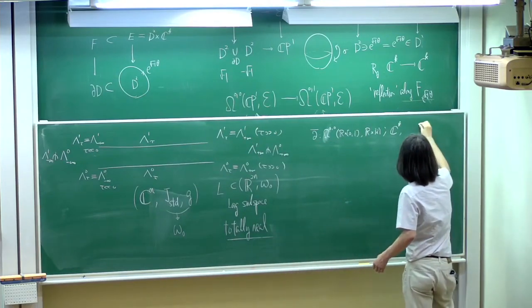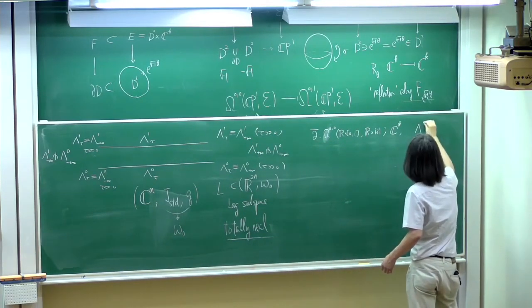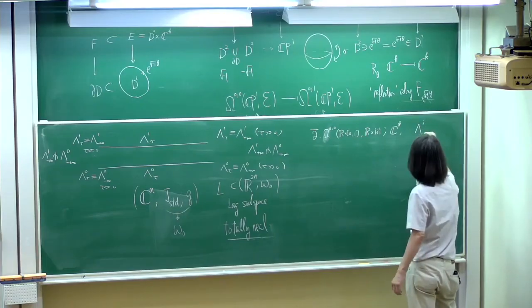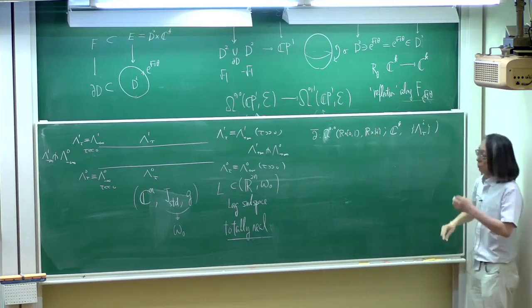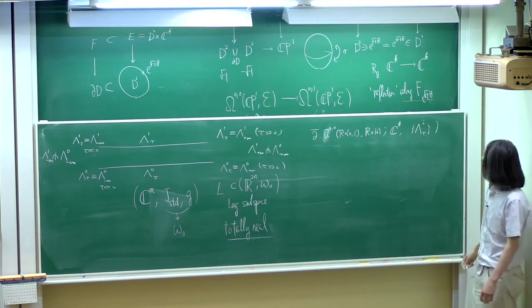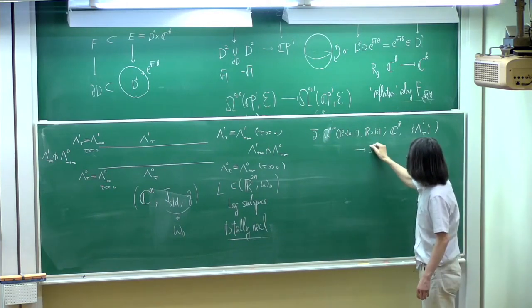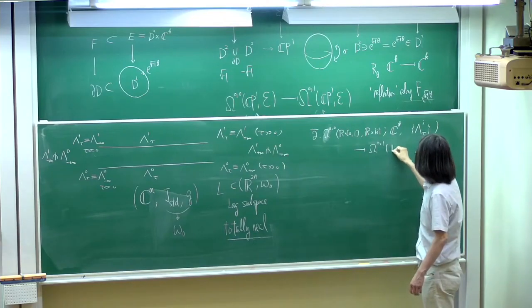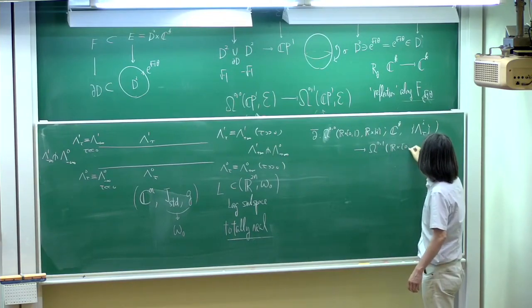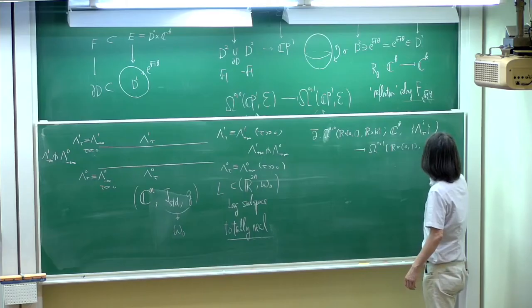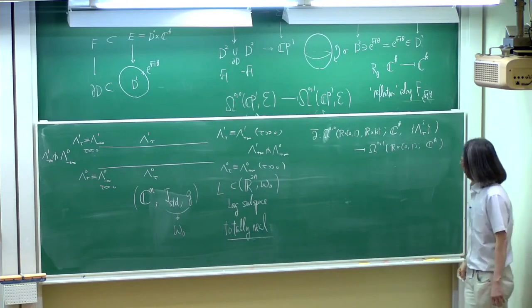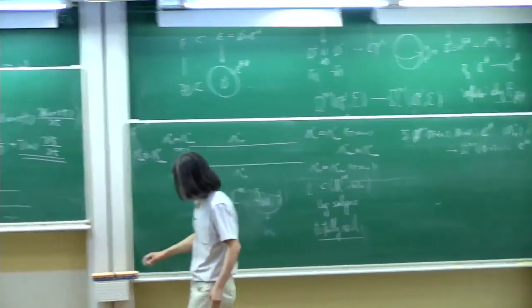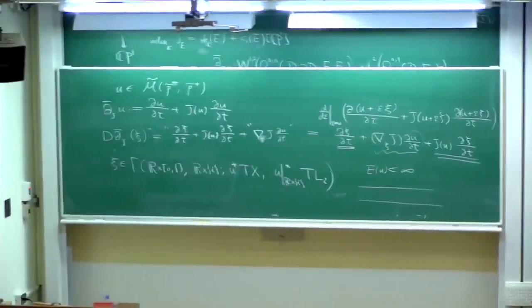I don't know how to write it. So this is a boundary condition. Then I map it to omega 0,1 of R cross I and C^k, and maybe W^{1,p} to the completion or something.